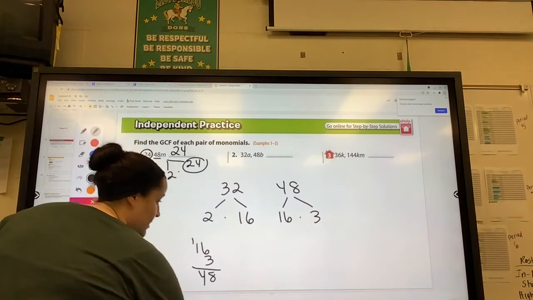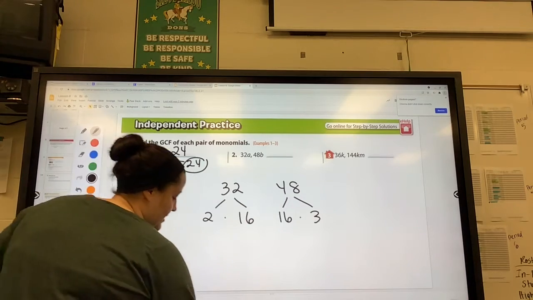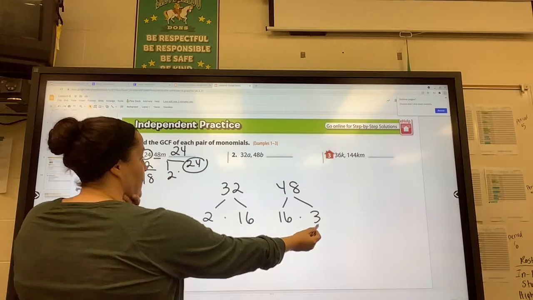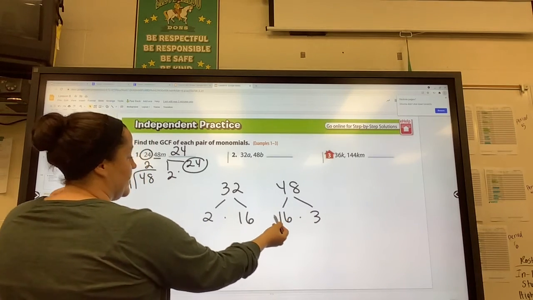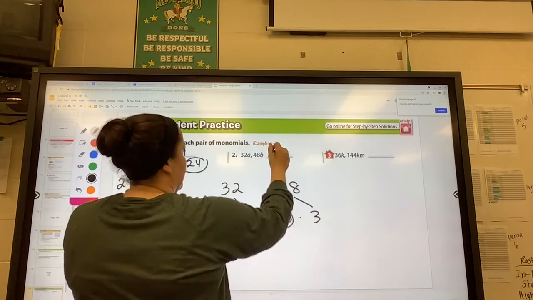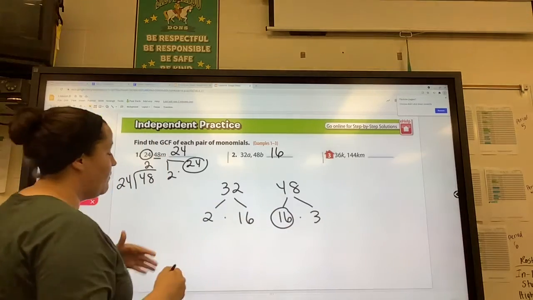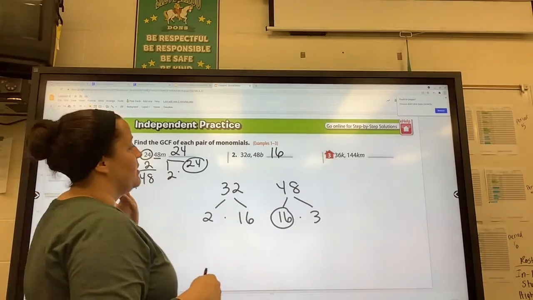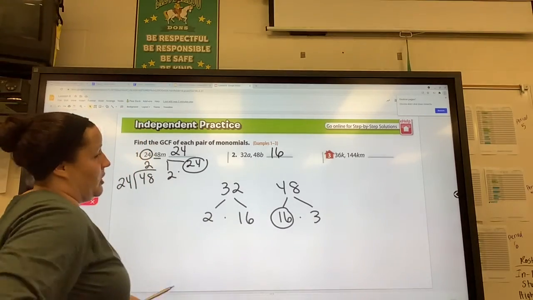Okay? So you can kind of shortcut, see if you can find it without having to do tree diagrams, okay? So 3 times 16, so 16 would be the greatest common factor here. Of course, you can continue to do the tree diagram, but sometimes it will take a long time.